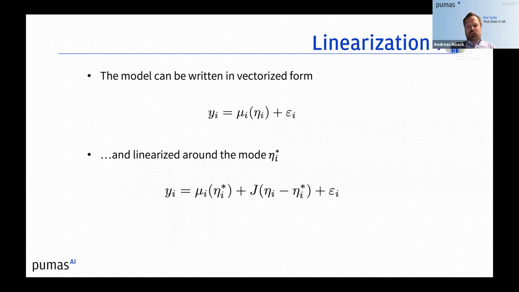So we'll have the constant term mu i in eta star, and then we have a Jacobian term J, which is the derivative of the mean, the conditional mean, I should say, with respect to the random effects, times eta i minus eta star, and then finally epsilon. So this is a first order approximation of the model at the top.